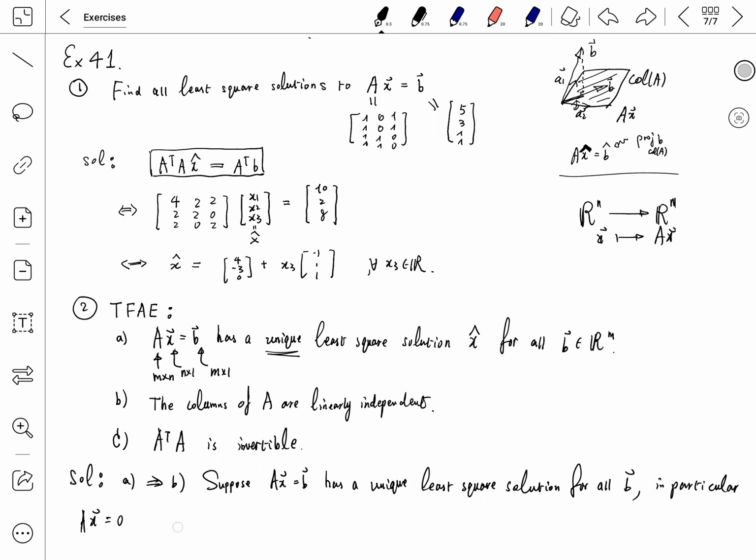It has a unique least square solution. But how do we characterize a least square solution?